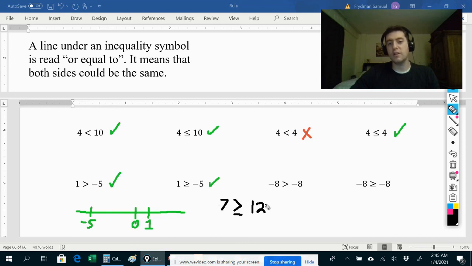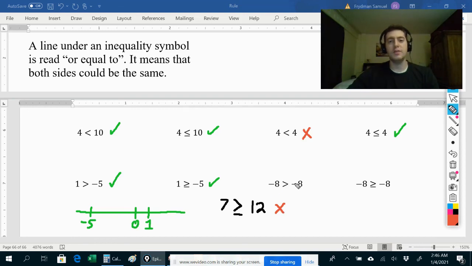Is 7 greater than 12? Is 7 equal to 12? Well, neither one of those is true. 7 is not greater than 12, and 7 is not equal to 12 either. So this statement, because it's made up of those other two statements, and both of those were false, is also false.